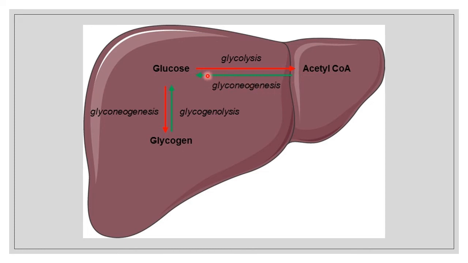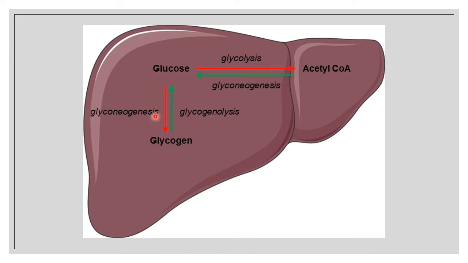So these two here, the gluconeogenesis and the glycogenolysis, are stimulated by glucagon in order to increase the production of glucose. While glucagon will inhibit the glycolysis and glycogenesis.